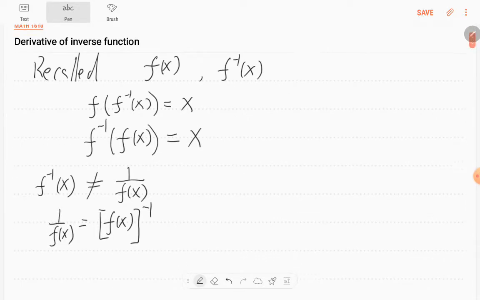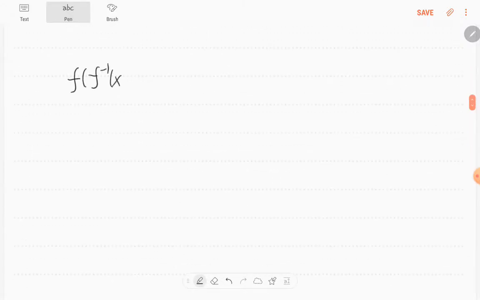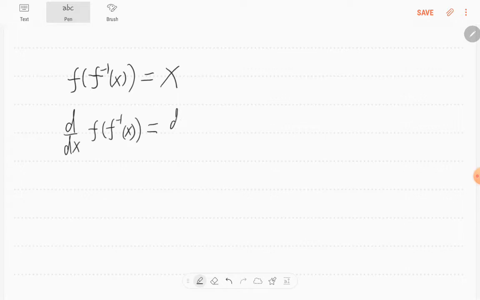Okay, so we start from f of f inverse of x equals x. Let's take the derivative on both sides of this equation with respect to x.